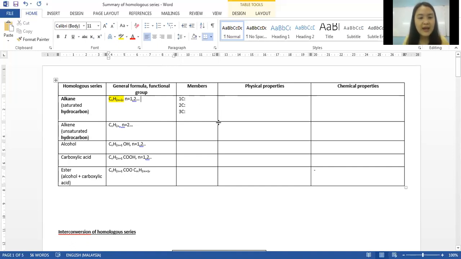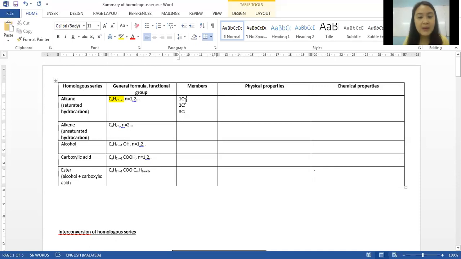Next we look into how we name the first few members of alkane. When you want to name the members of alkane, remember the name of each member consists of 2 parts. One part is deduced from the number of carbons it contains, and the other part is deduced from the homologous series that it belongs to.